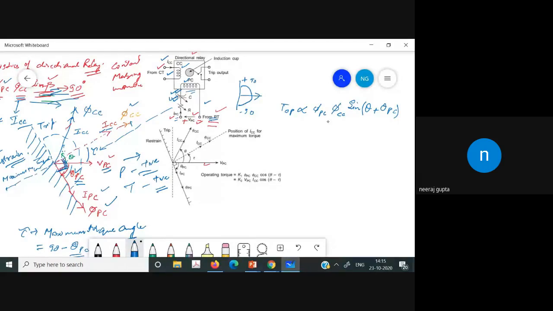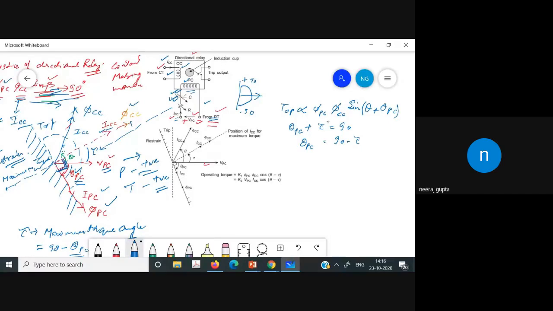From the phasor diagram, we have also deduced that theta PC plus tau equals 90 degrees. So theta PC is equal to 90 minus tau.